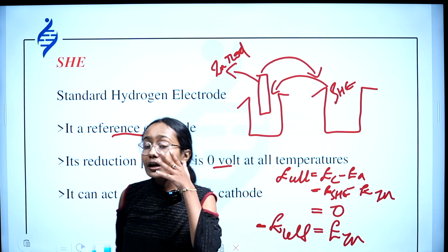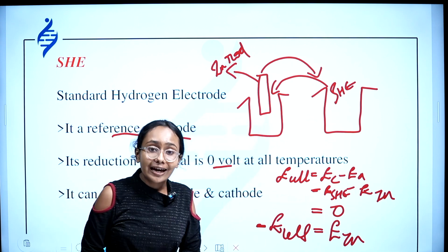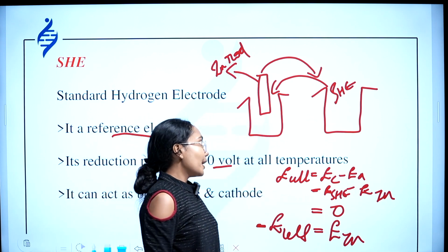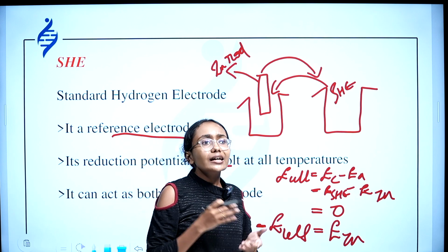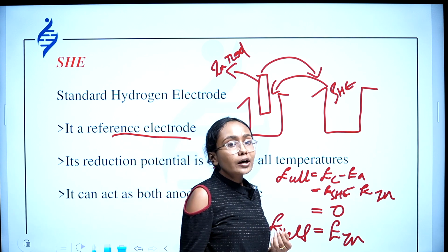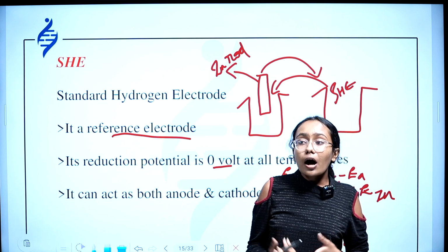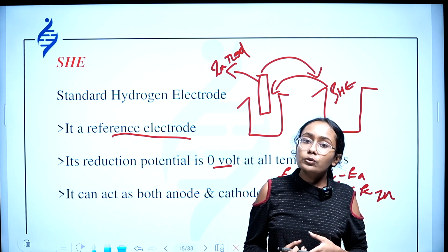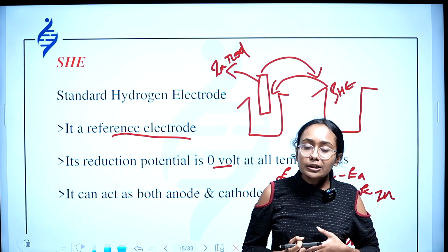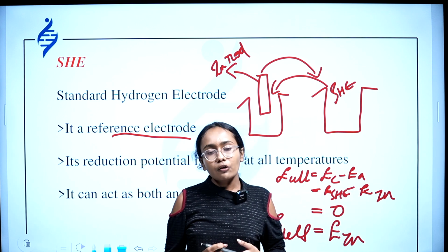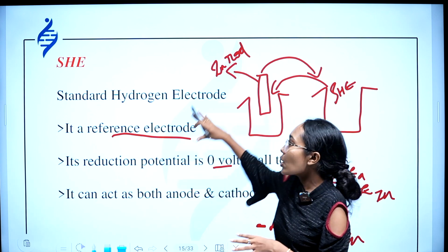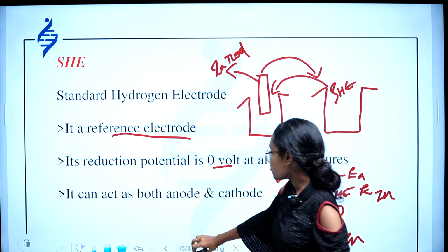So the standard hydrogen electrode can be used as anode or cathode; no change will happen. Questions will come like explain SHE, explain the working of SHE, or what are the features of SHE, and how it is helpful to determine the unknown potential of a species. So you need to write all these answers.